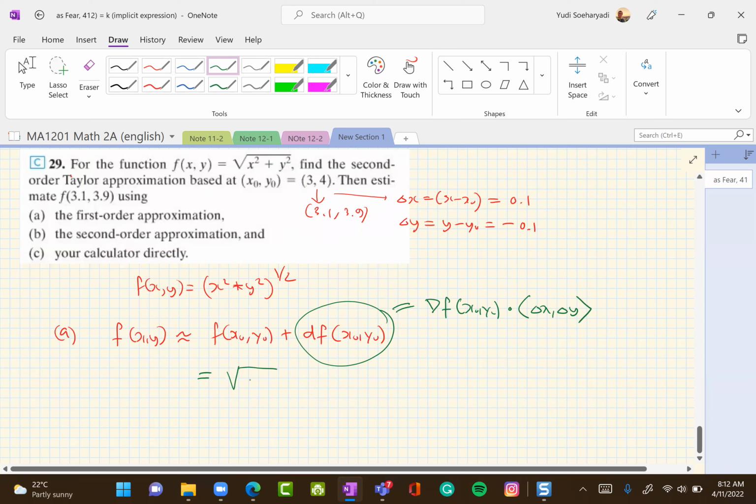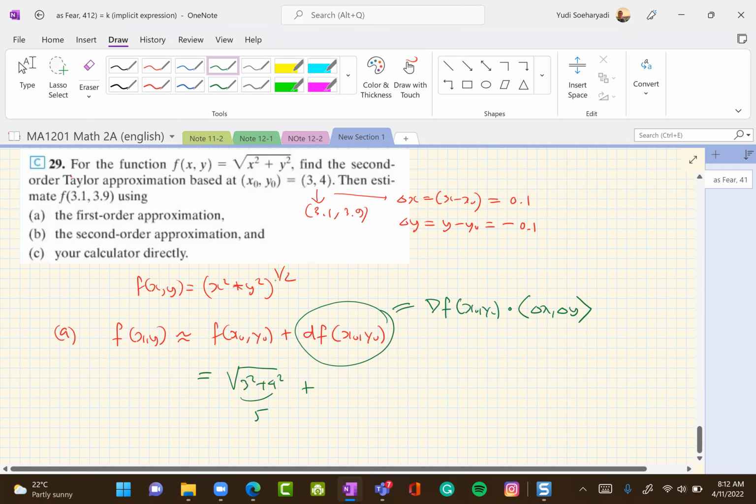So that's 5, right? Plus, let's see, what is this one here? So gradient, so partial with respect to x.